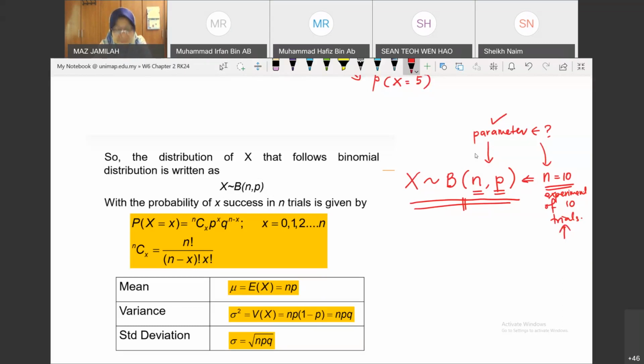Now, you can use the formula to get the probability. Remember, the probability of random variable X, defined by our success, equal to any value x, is equal to the combination of n trials and the x that you are looking for, multiplied with the probability of success to the power of x, multiplied with the probability of failure.